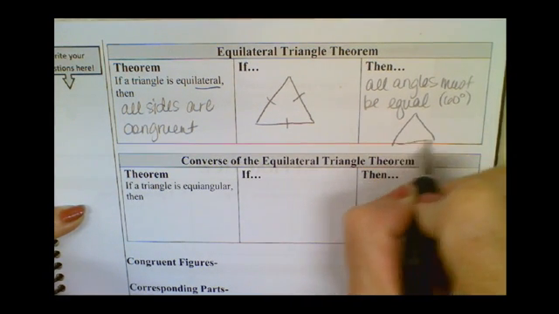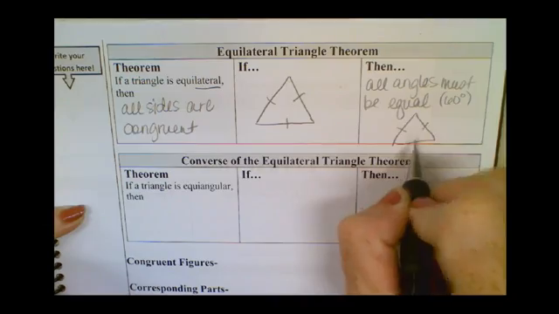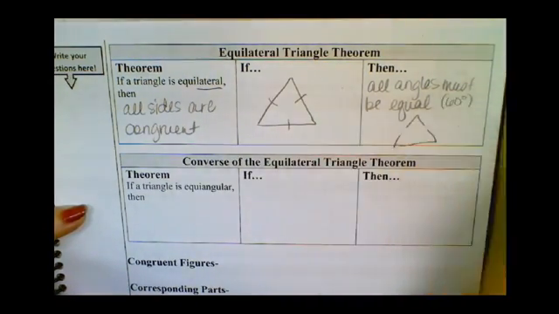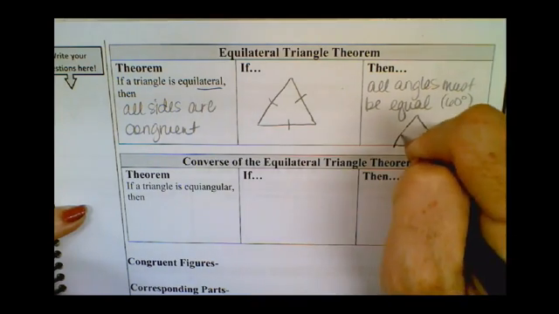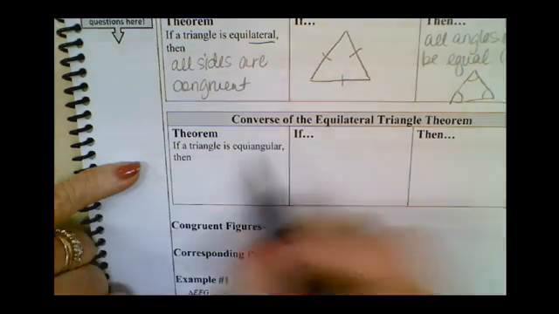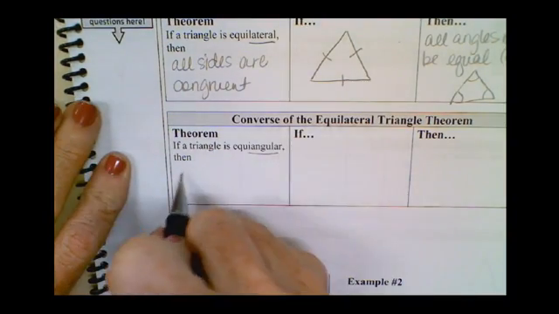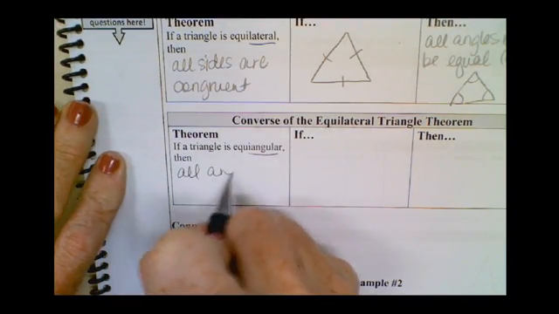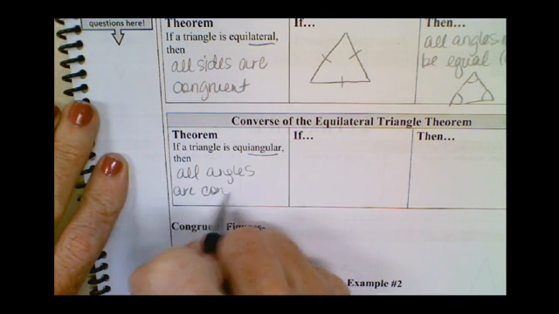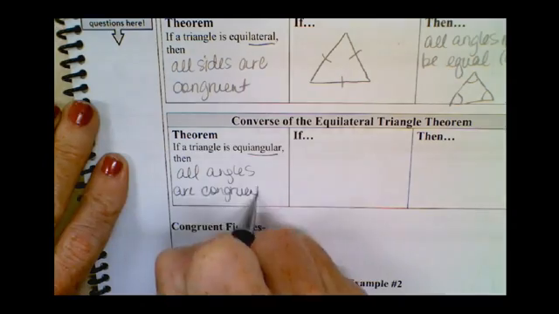So, because I know that directly across they're going to be equal to one another, then I know that all of my angles also have to be equal to one another. Okay. Conversely, equiangular means that all of my angles are equal, are congruent, and they must be 60 degrees.